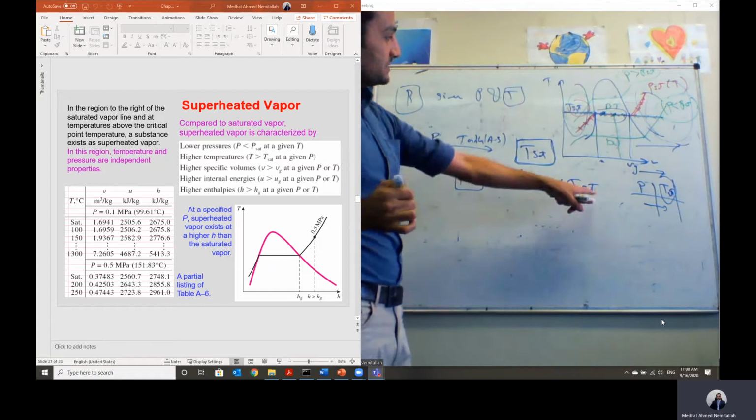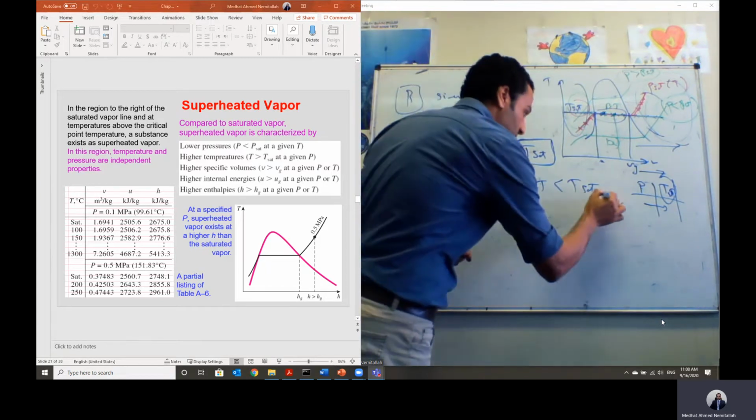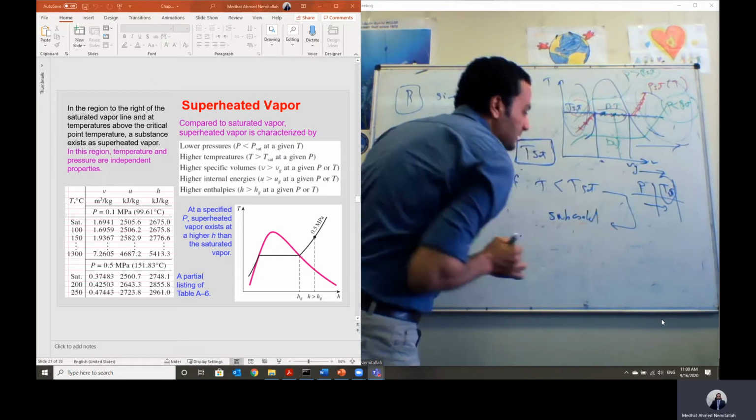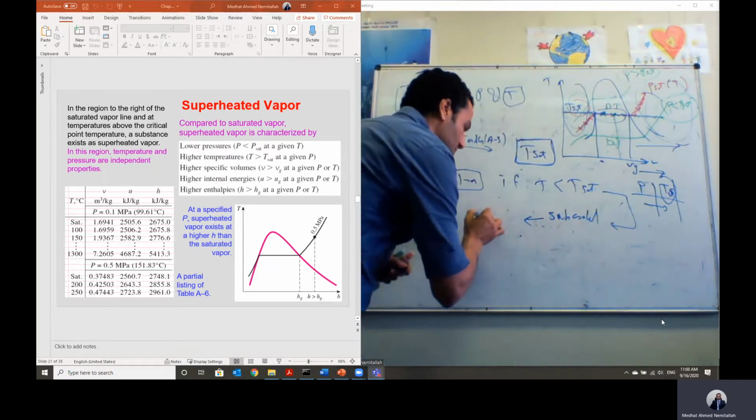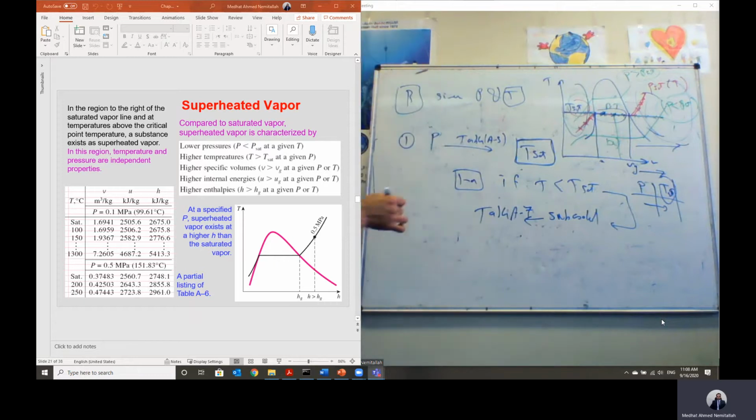If the given temperature is less than the saturation temperature, that means the state is subcooled liquid. Subcooled liquid, that means we have to use table A7 to calculate the properties: internal energy, specific volume, enthalpy, entropy, and all the other properties, given the pressure and the temperature.